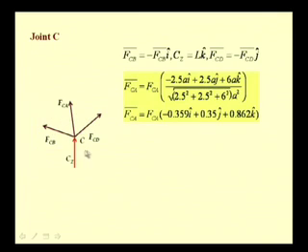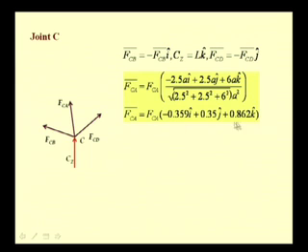Particularly for determining this direction cosine of the member CA, you have to consider the geometry of the truss, and it has been determined to be 0.359 in the negative direction of i, 0.35 in the j direction and 0.862 in the k direction.